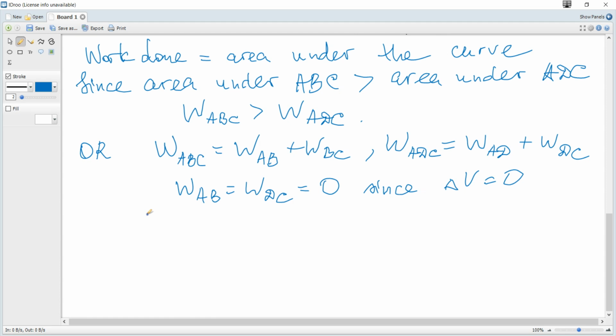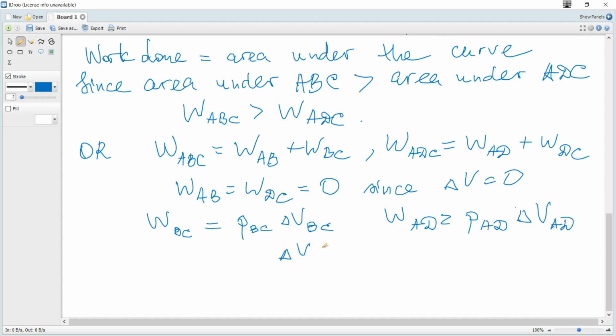And work for BC is P BC and delta V BC, and work for AD is equal to P AD and delta V AD.